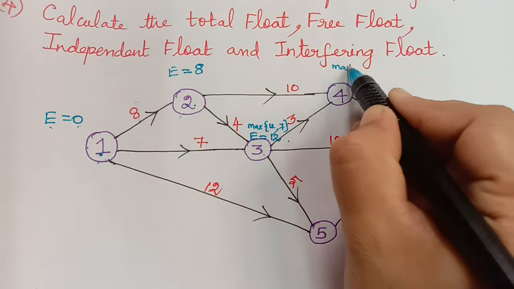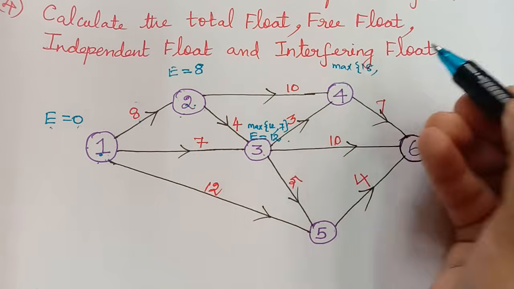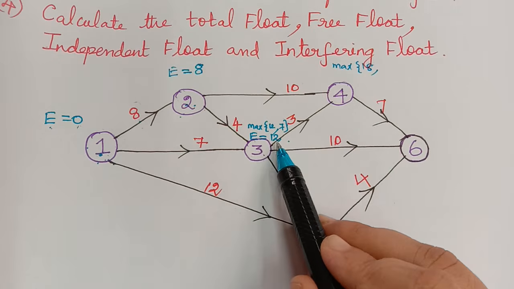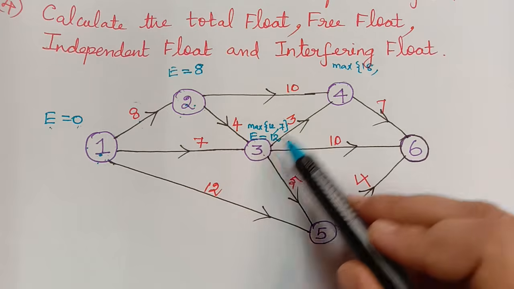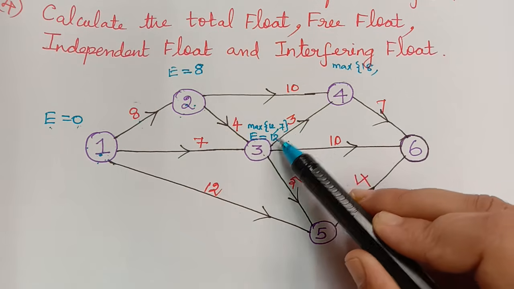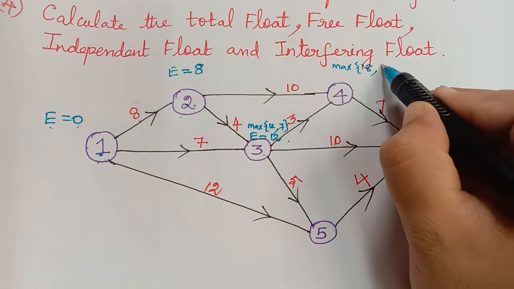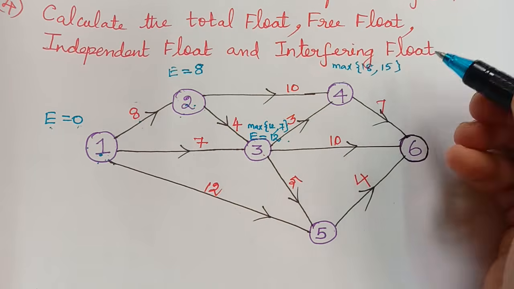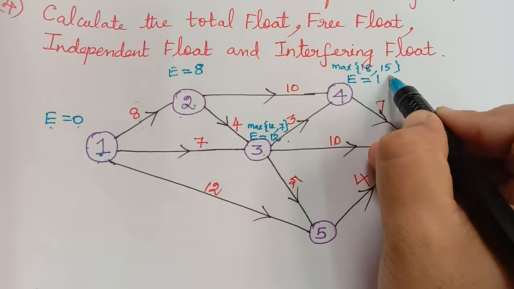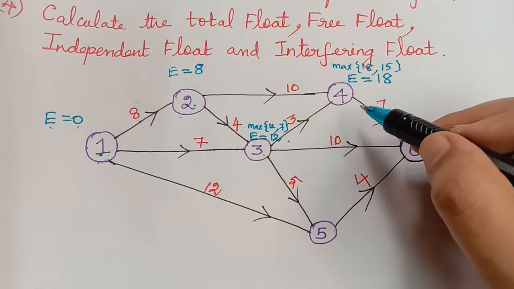So we choose the maximum of 18, comma. The value of E for the event 3 is 12, and 12 plus the duration between 3 and 4, which is 3, gives 15. So we choose the maximum of 18 and 15, and so the value of E is 18 for event 4.